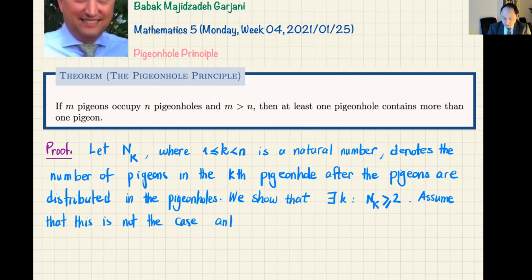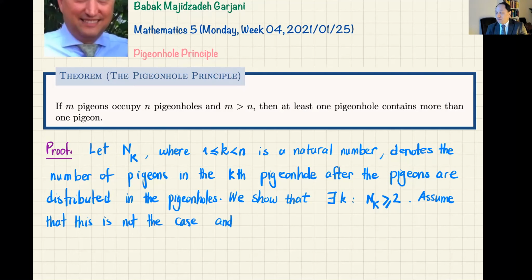Now can you tell me what happens if this is not the case? Assume that this is not the case, and what? That there is only one pigeon in every pigeonhole? No. The correct statement. The people who have actually math specialization should be able to answer it quickly.